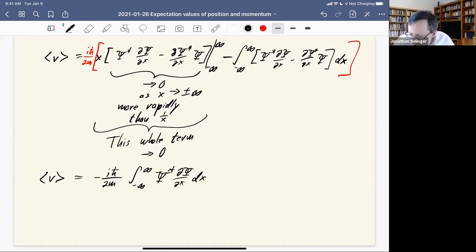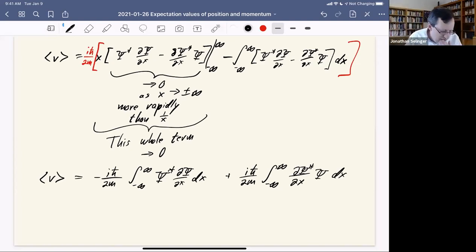So that's the first part of the thing up here. And then plus i h bar over 2m times the integral from minus infinity to infinity of d psi star dx times psi, integrated dx.